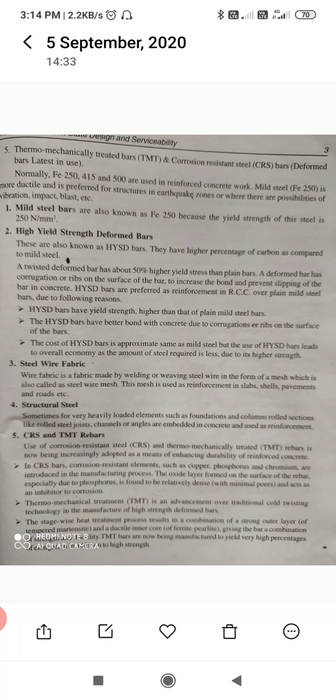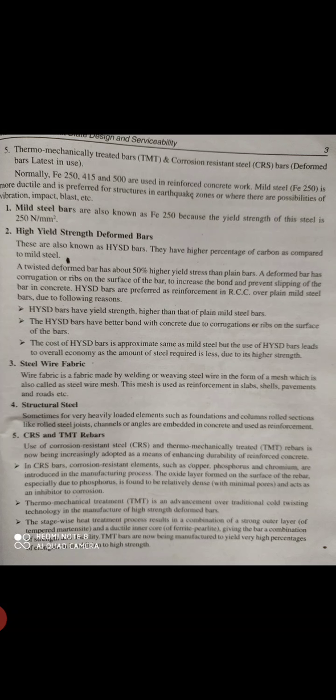That is one of the reasons. The HYSD bars have better bond with the concrete due to the corrugations or ribs on the surface of the bars. And finally, the cost of HYSD bars is approximately the same as mild steel bars. So the use of HYSD bars leads to overall economy, as the amount of steel required is less due to its higher strength.